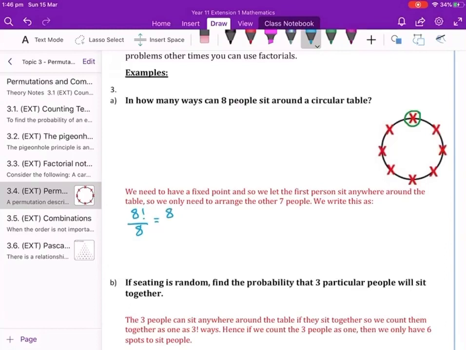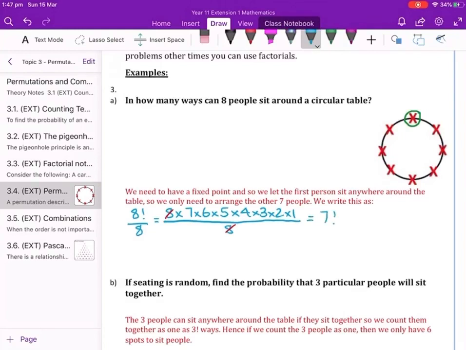So when we do this, we have 8 factorial, which is 8 times 7 times 6 times 5 times 4 times 3 times 2 times 1, all divided by our 8. And so our 8's cancel out, and this leaves us with 7 factorial.